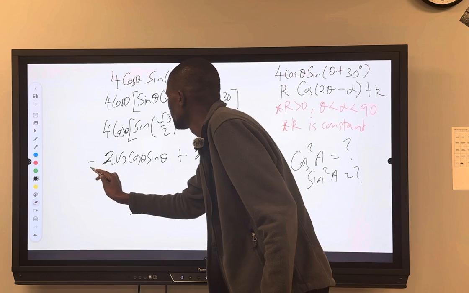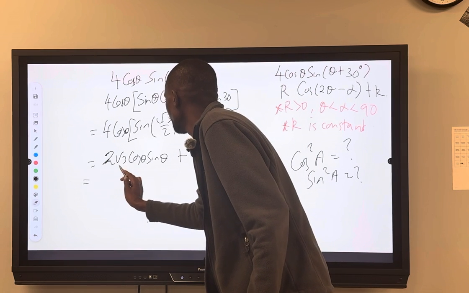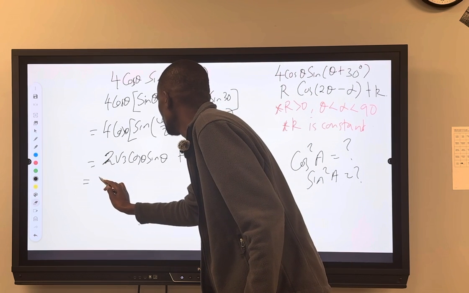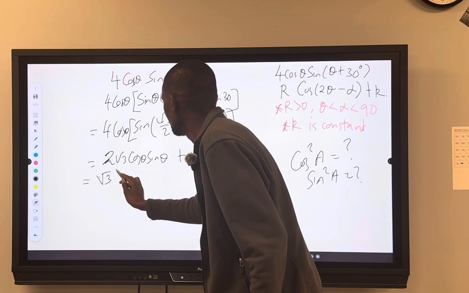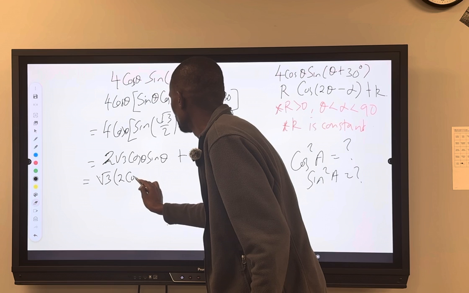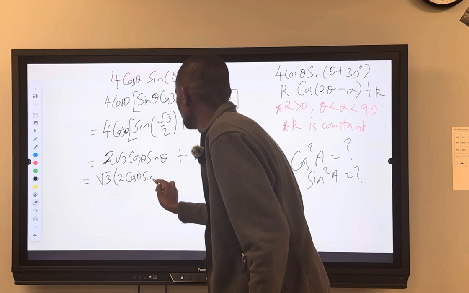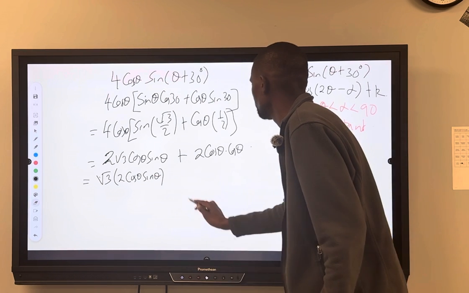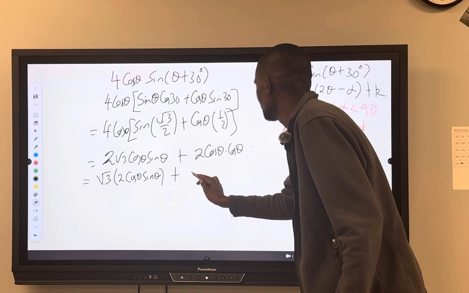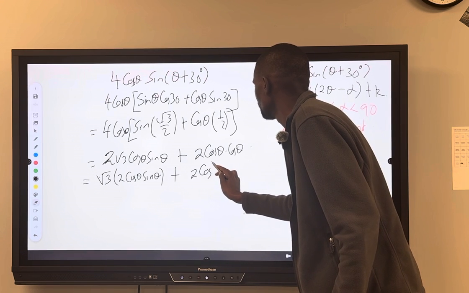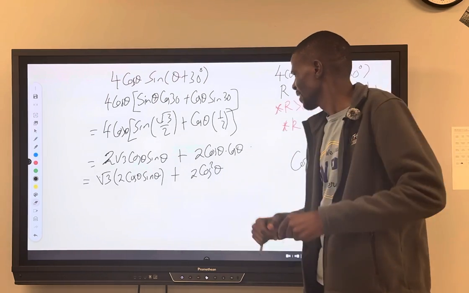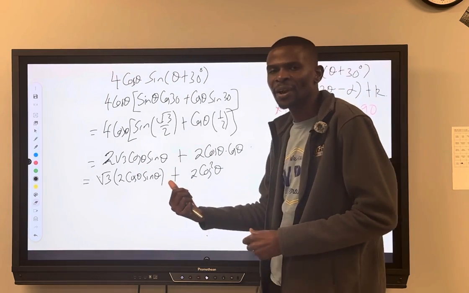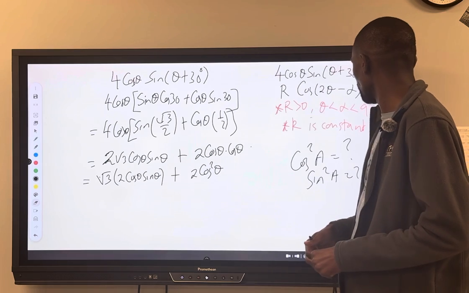So this simplifies to, you can rewrite this as root 3 times 2 cos theta sin theta, then plus 2 cos squared theta. Now, let's think about the compound angles and double angle for cosine.